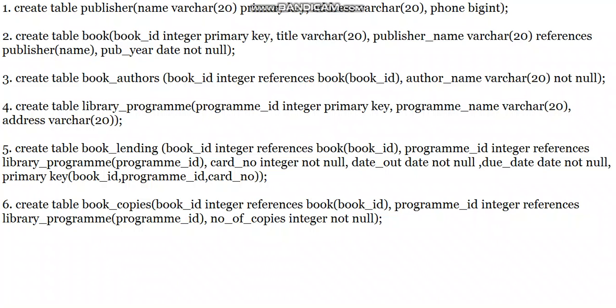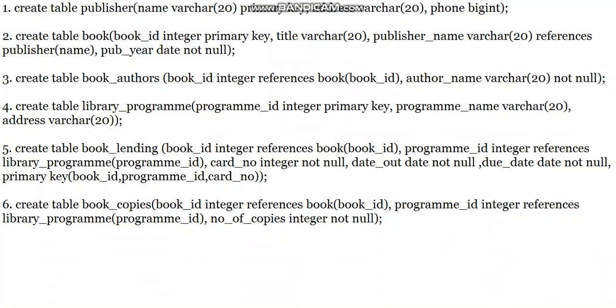Then the second table is create table book. In book, as per the schema diagram, book ID is the primary key, which is an integer, and title, the book title, is a string, that is varchar, and publisher name is also varchar. Here, even though the attribute name is changed, it is referring to your first table, that is publisher.